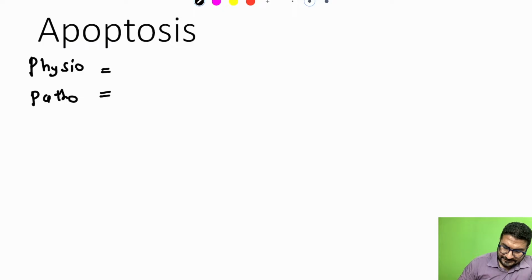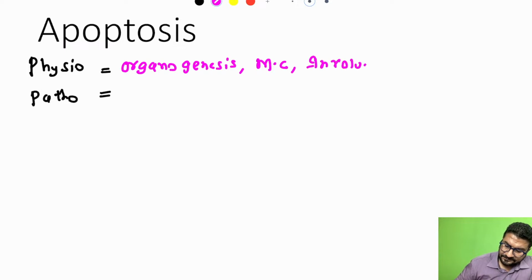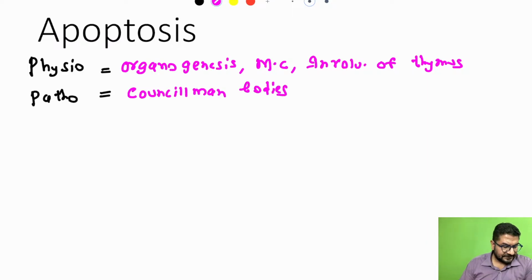So physiological examples of apoptosis are organogenesis, menstrual cycle, involution of thymus at puberty. Pathological example की अगर मैं बात करूँ, so we have Councilman bodies. These are apoptotic bodies, right? These are apoptotic bodies, Councilman bodies.